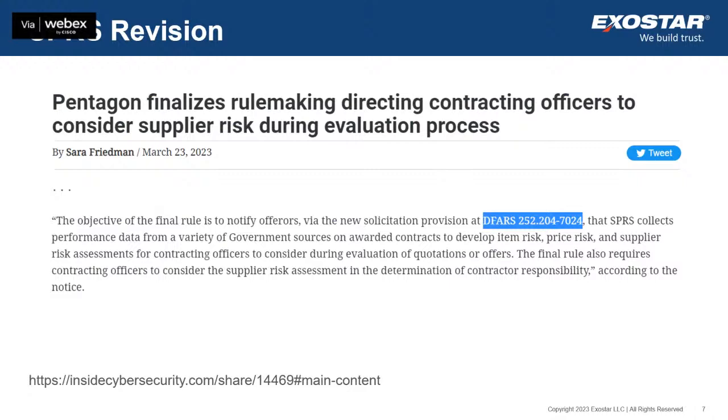The Supplier Performance Risk System, that's the SPRS system that you enter your score into, becomes one of the factors that determines the supplier risk. And as I mentioned, DoD contracting officers are now expected to consider that in the overall bid for goods and services to the Department of Defense. So just keep that in mind.